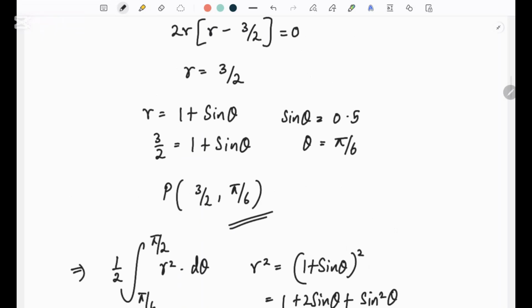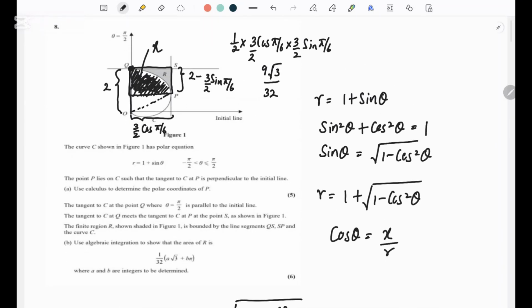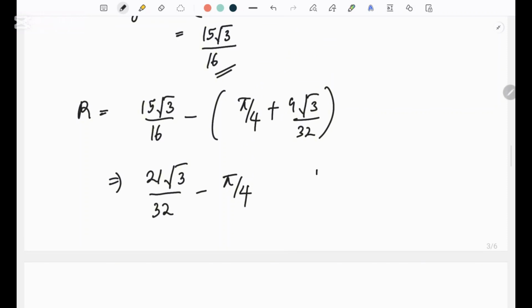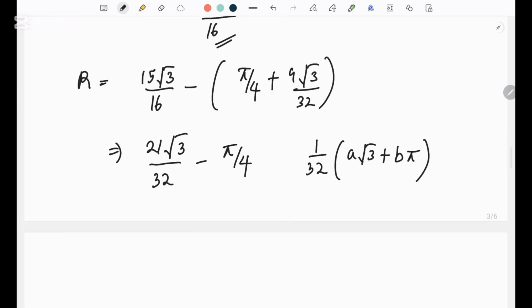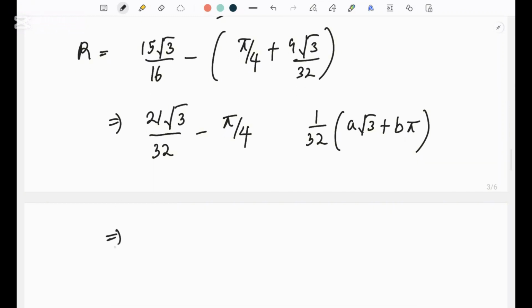And they need the answer in which format? They need the answer like this: 1 over 32 times a root 3 plus b pi, and they need the values of a and b. So all you have to do is take 1 over 32 out from the answer we got.